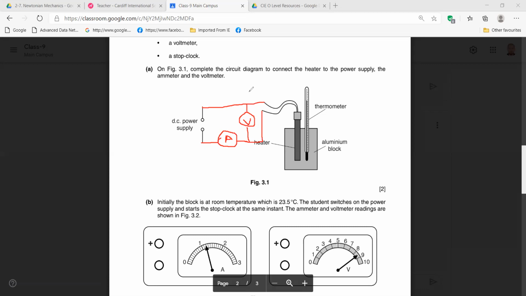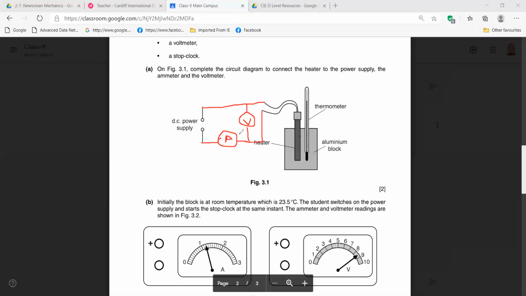Sir, what is the A in the ammeter, sir? Ammeter measures the current, and voltmeter measures the voltage. Sir, which one is parallel and which one is in series? Here, your voltmeter is connected to the heater in parallel. Both the ends of the voltmeter are connected to the two ends of the heater, isn't it?